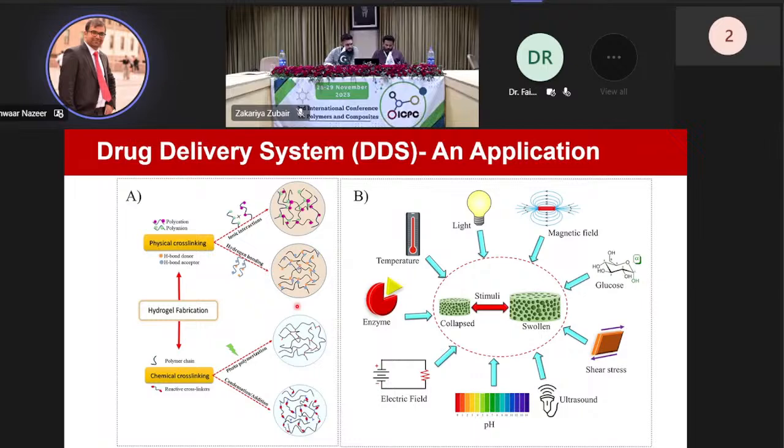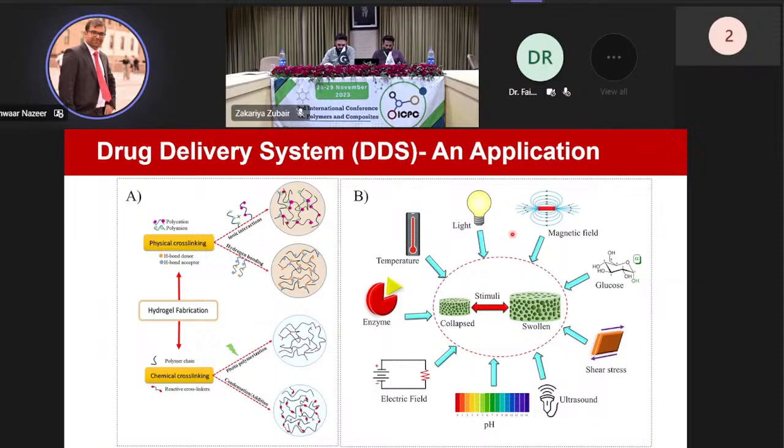For example, if we have entrapped something into the hydrogel and we want to release that molecule, we should have some stimulus or multiple stimuli. This can be light, magnetic field, glucose levels in the body, shear stress, ultrasound, pH levels, electric field, enzymes, or the change in temperature.